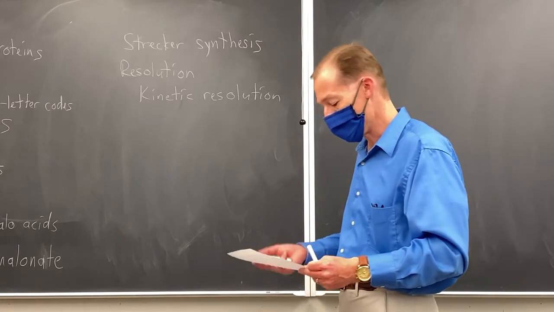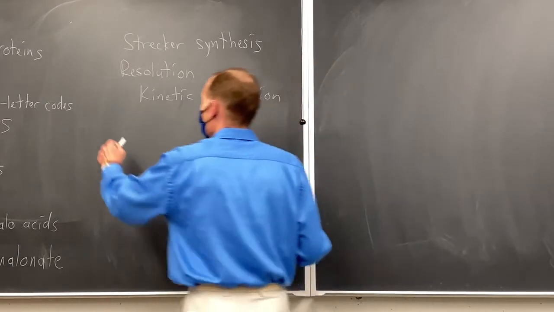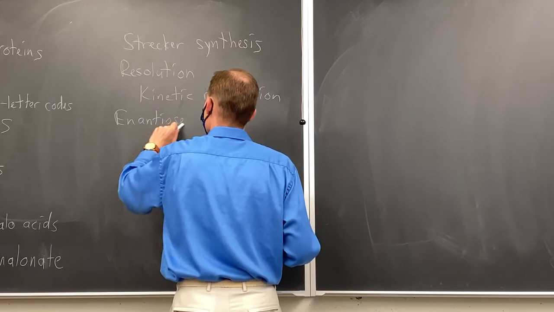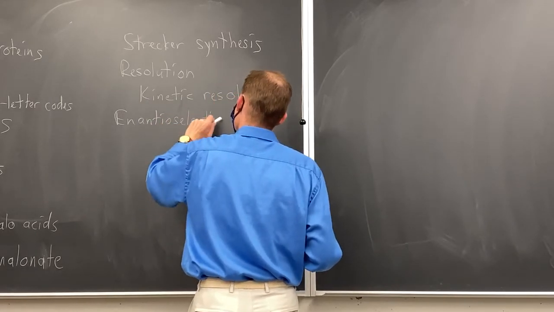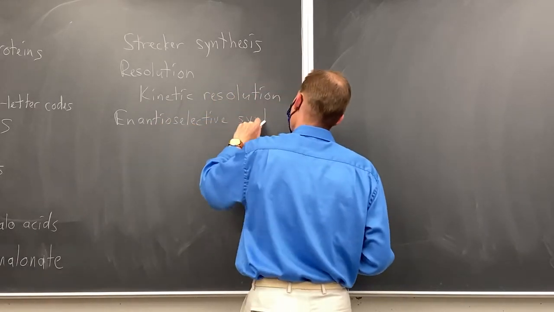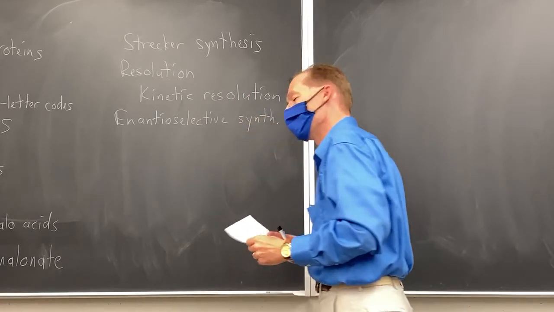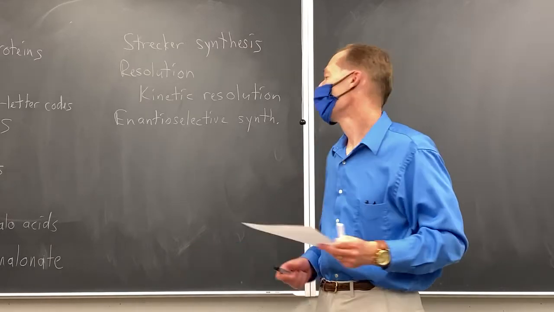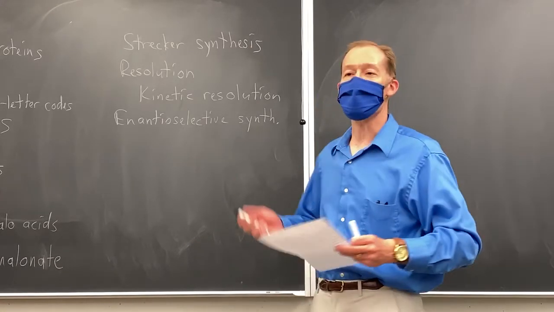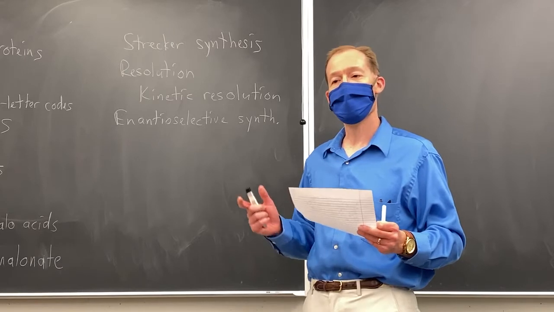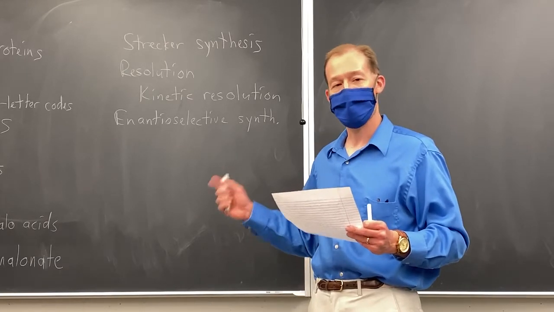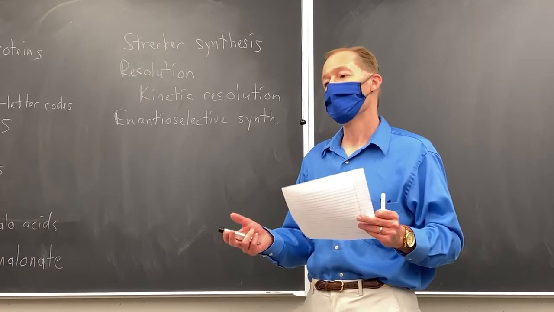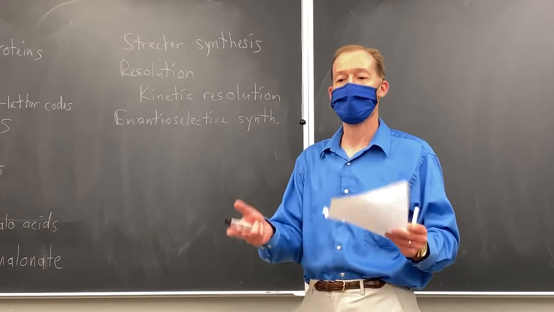And then we briefly mentioned enantioselective synthesis of amino acids. We talked about enantioselective hydrogenation of an alkene to generate an amino acid. You don't need to know anything specific about this particular reaction, but each time we talk about an enantioselective reaction in class, we go back to the general principles.